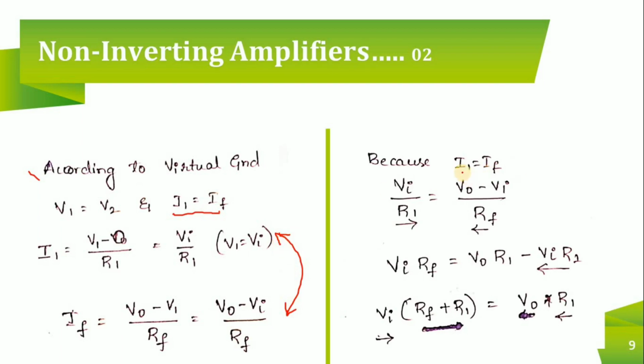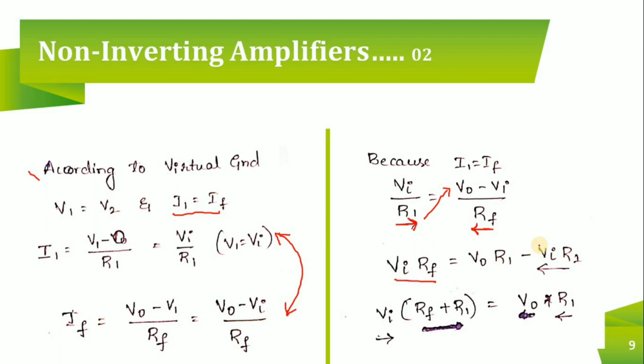Because I1 is equal to IF, Vi divided by R1 is equal to V0 minus Vi divided by RF. I'll move this R1 to the other side and RF to the left-hand side. So it becomes Vi into RF is equal to V0 into R1 minus Vi into R1.